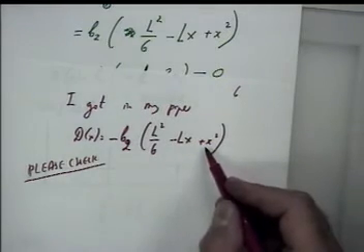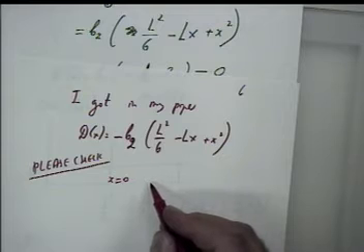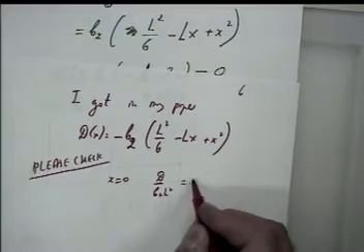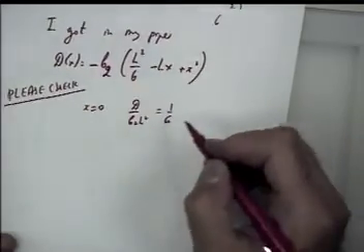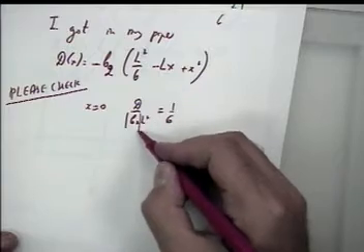Now, if this is the case, then when x equals 0, we get d over b2 L square equals 1/6, with mine, the absolute value of b2.